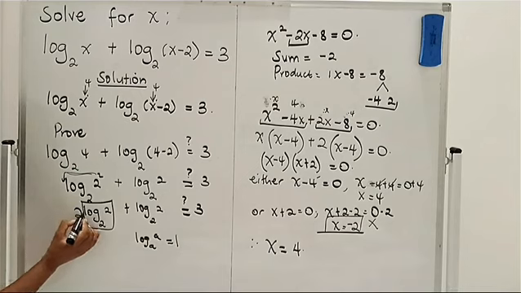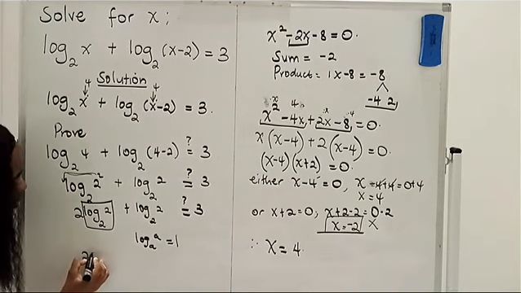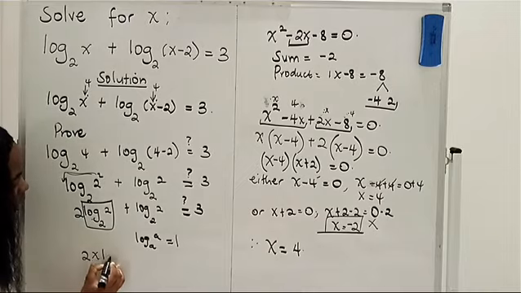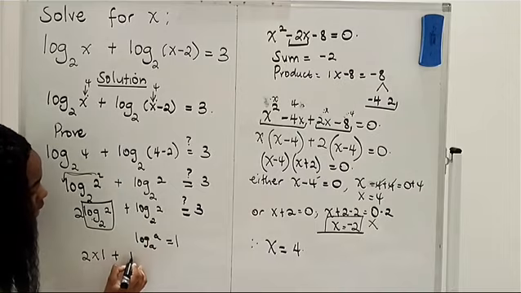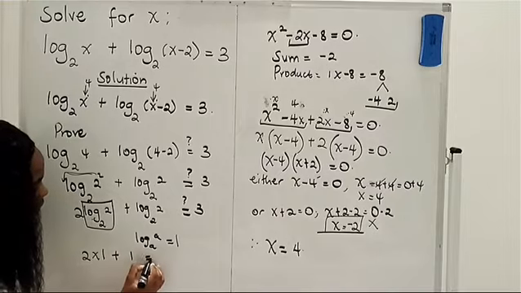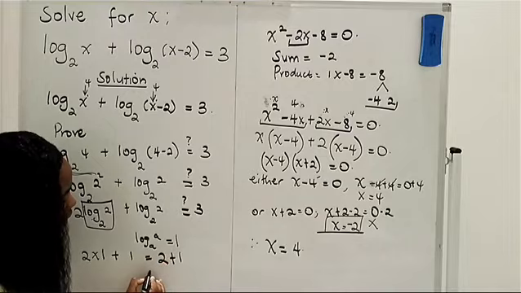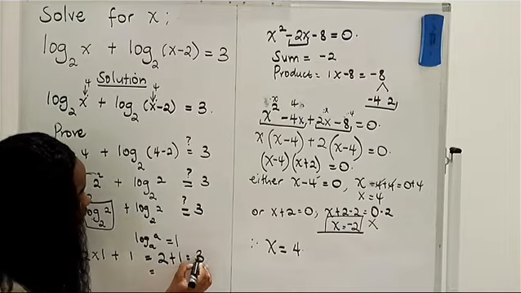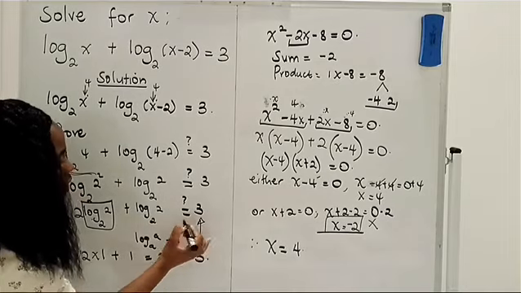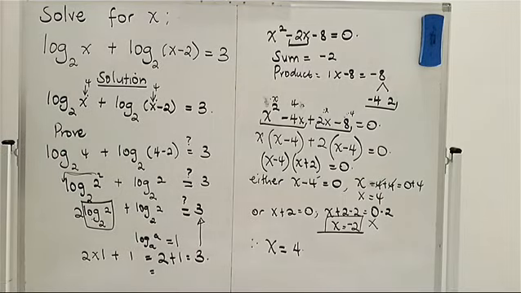So this is the same as writing 2 times 1 plus 1. And this is equal to 2 times 1 is 2, plus 1, and our answer is 3. So, do we get the right-hand side? If yes, it is proved that the left-hand side is equal to the right-hand side.